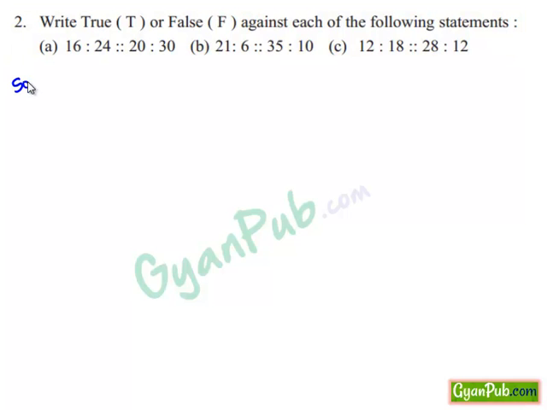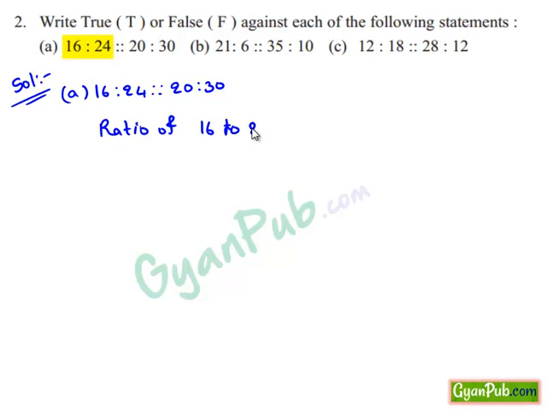Let's do the solution. Take down the first one, that is 16:24 is in proportion with 20:30. The statement indicates that the two ratios are equal. So first, find out the ratio of 16 to 24.